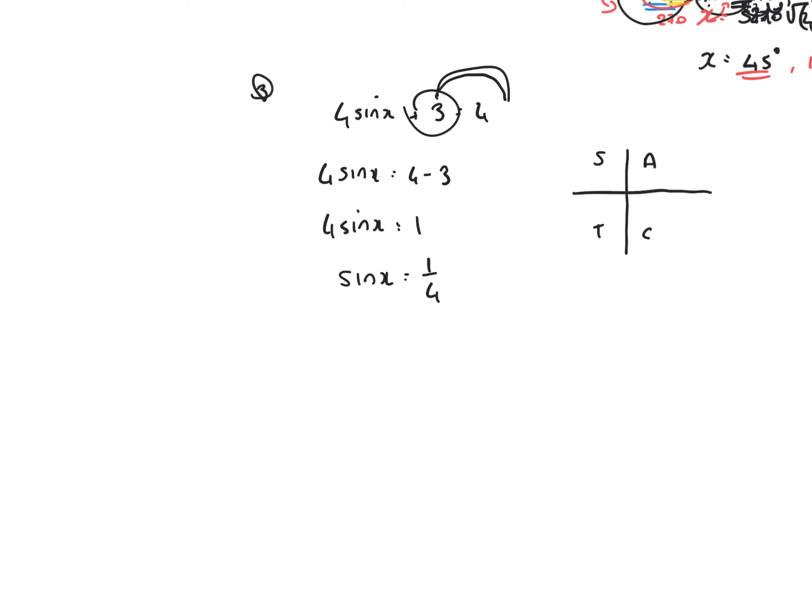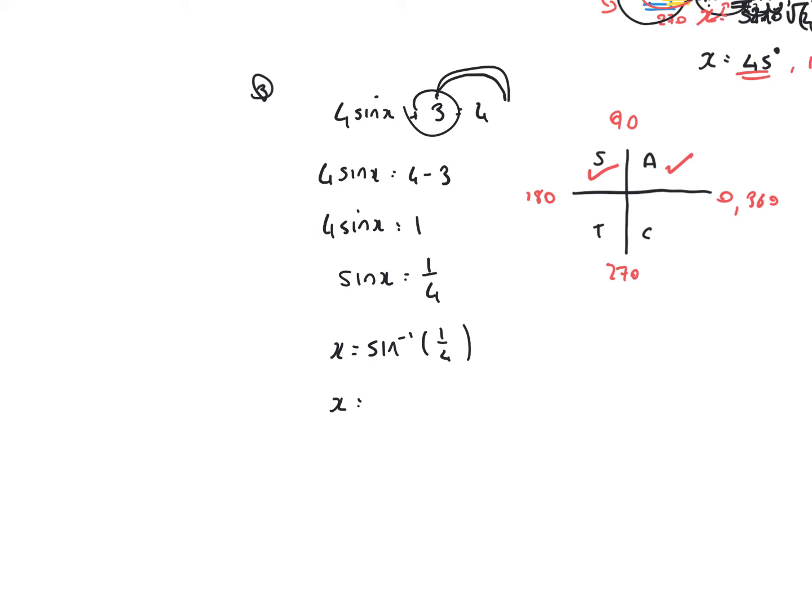So by this point you should start to see some repeated pattern of when I do what. Okay, so it's sine again, so it's all in sine. And then it's going to be x equals sine inverse 1 over 4. So that's that. Shift, sine, open up the bracket, 1 divided by 4, close the bracket, and hit equals.